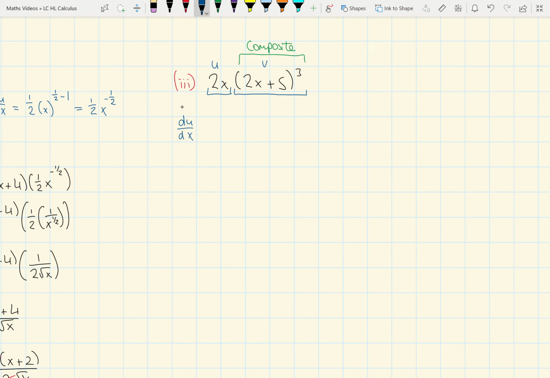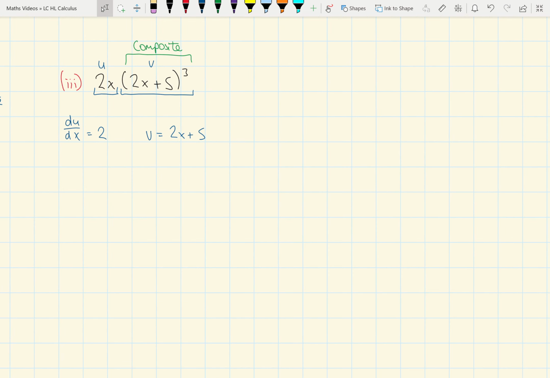So du dx is equal to 2. That's fine. And my v is equal to 2x plus 5. So I'm going to do a little bit of work here to the side to figure out dv dx. So my outside function is 2x plus 5 to the power of 3.